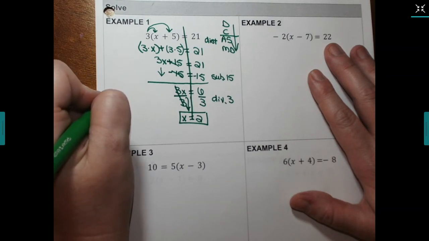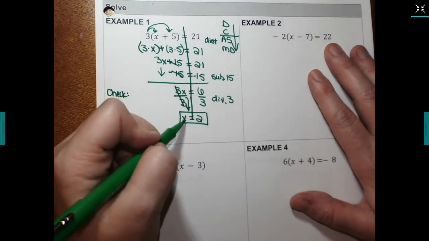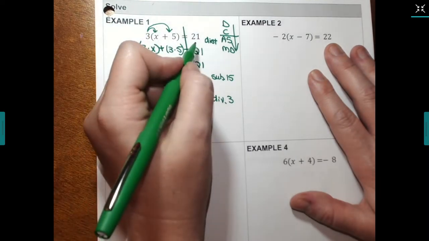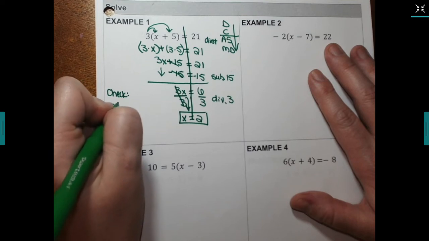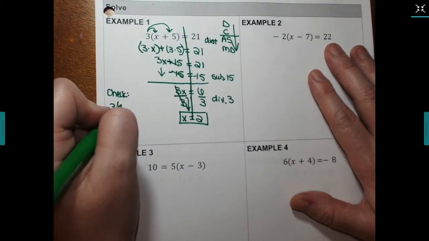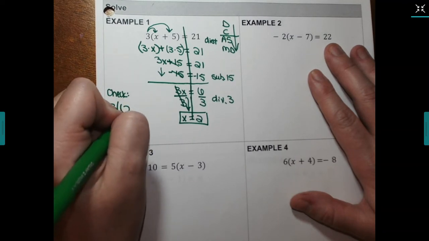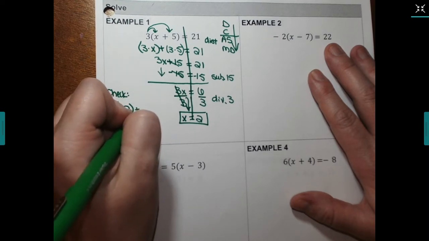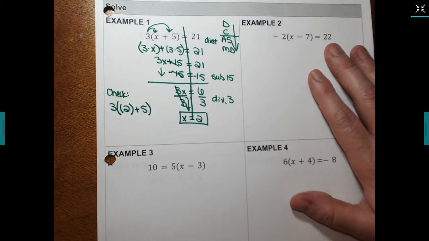To check it, you're just going to substitute this 2 in for x, and it should equal 21. So you're going to put into Desmos 3, open parentheses because it's part of the expression, open another parentheses because we're doing a variable, 2, close parentheses, plus 5, close the other parentheses.